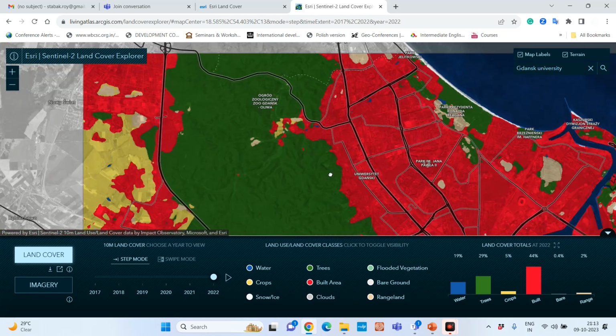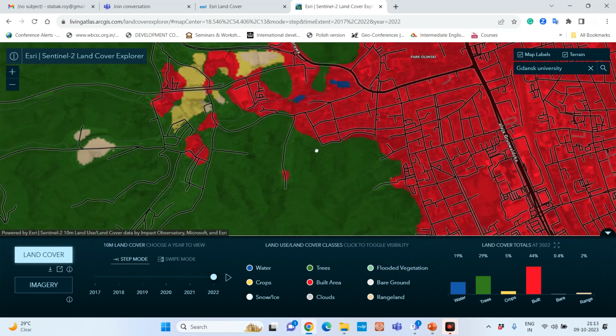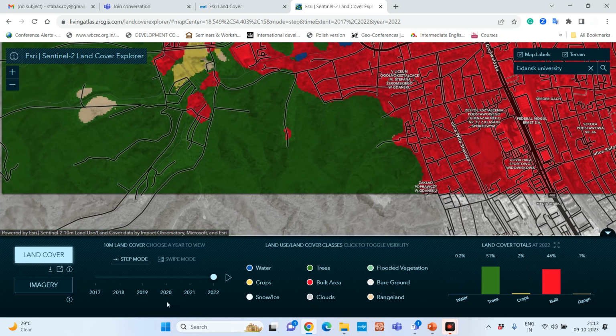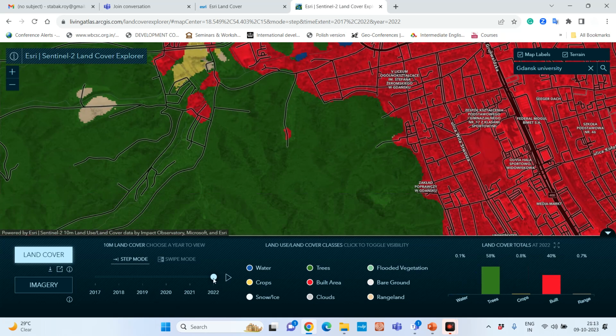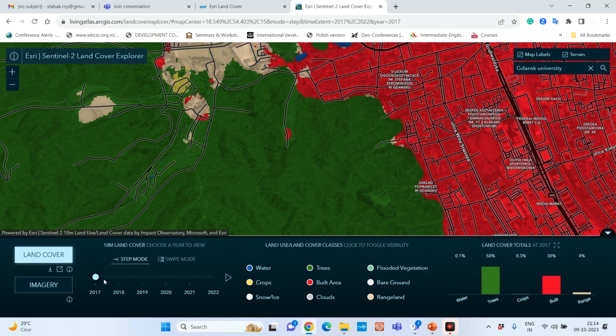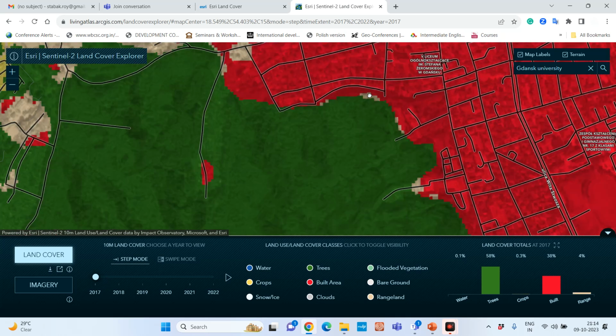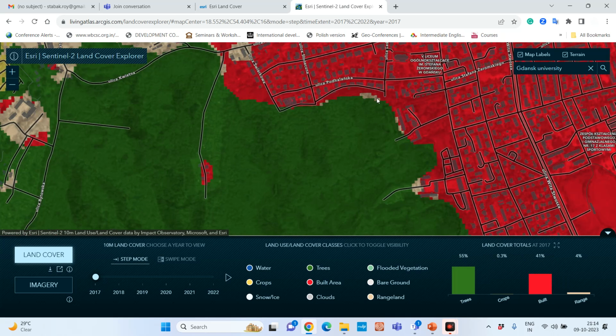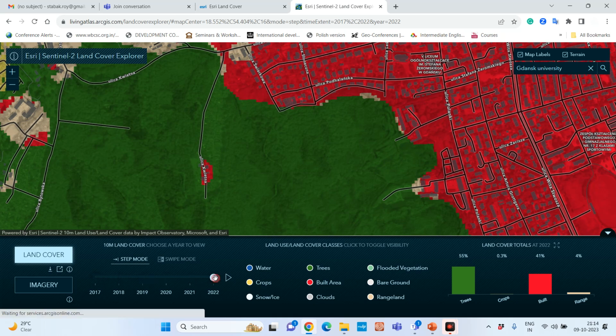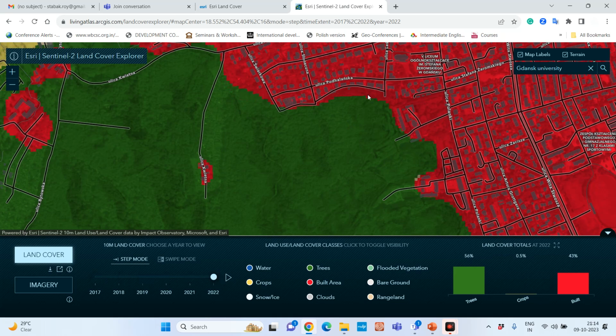And you can see the change. Suppose in this region, just look, this is 2022. If you go back to 2017, there is much more brown area, meaning they cut the forest but did not use it for building purposes, even in 2017. But in 2022, after 5 years, it has become red, meaning it has become a concrete area.